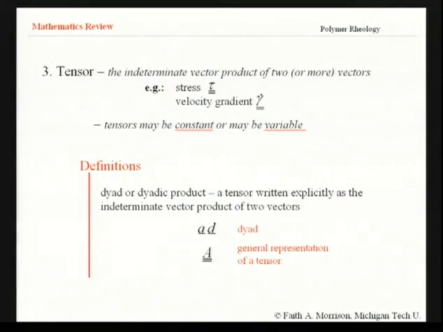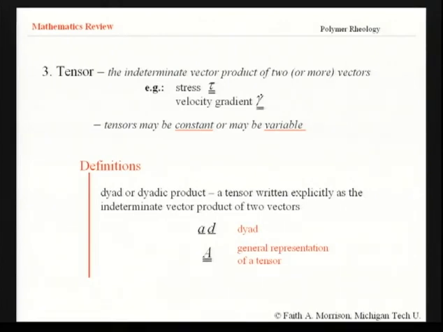And the tensors we're going to care about are the stress tensor, the velocity gradient tensor, and later various strain tensors. Now, tensors may be constant or variable.